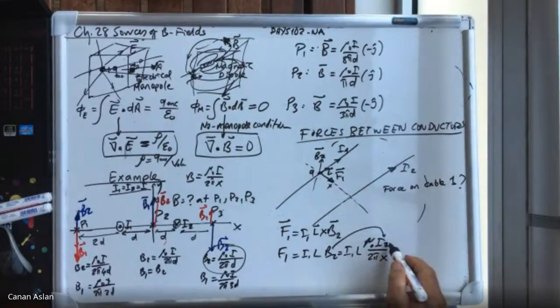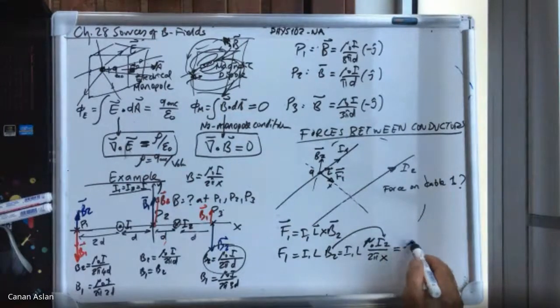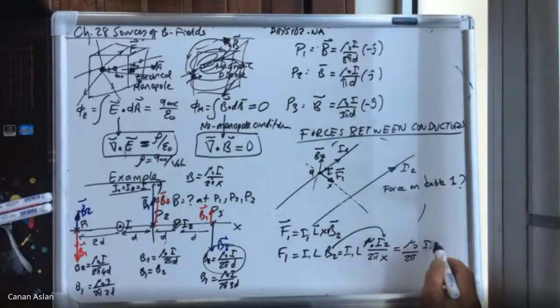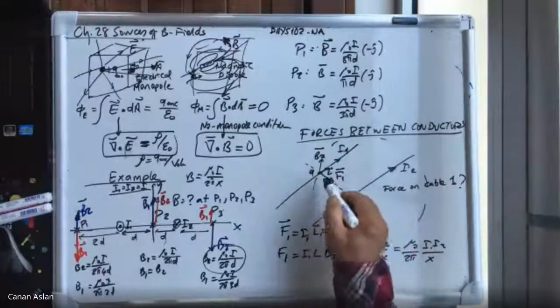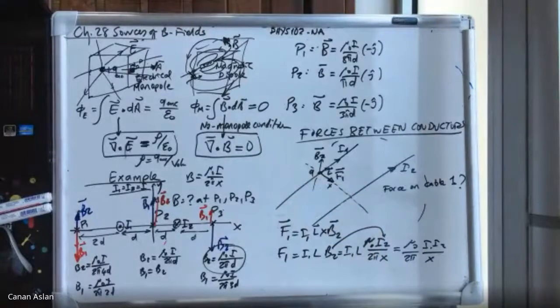So this is equal to mu 0 over 2 pi, I1 I2 over x. This is the force that cable 2 exerts on cable 1.